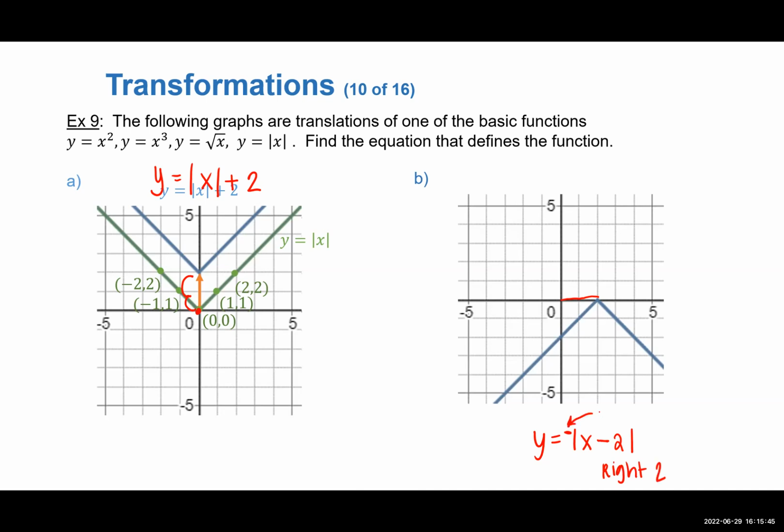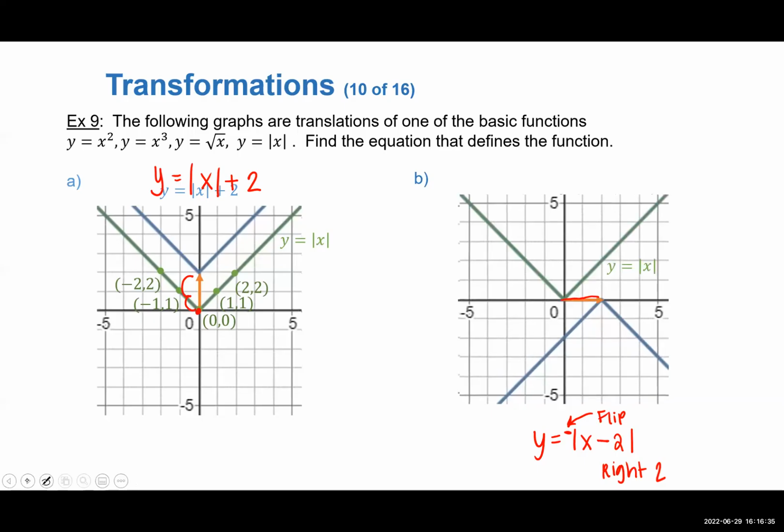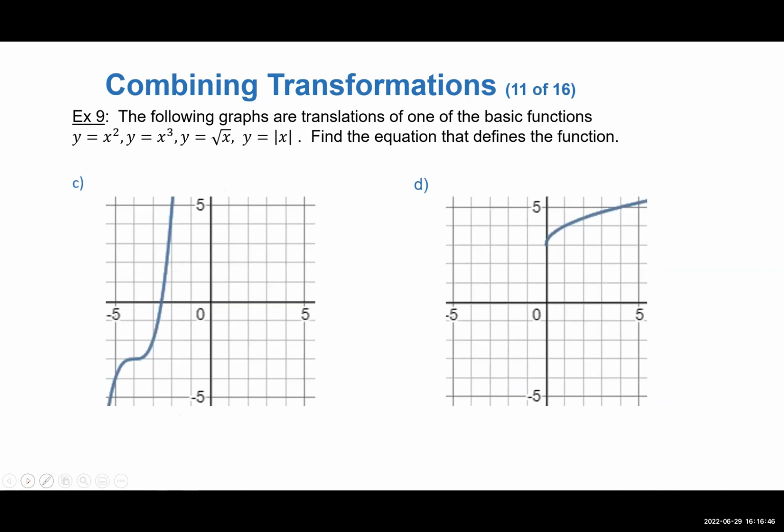The negative means flip. I can't really draw that, but I'm sure the textbook has it for us right there. Absolute value of x, flip it upside down, which means put that negative in front of it, and translate it to the right 2 units, which means go into the x. So let's try C.